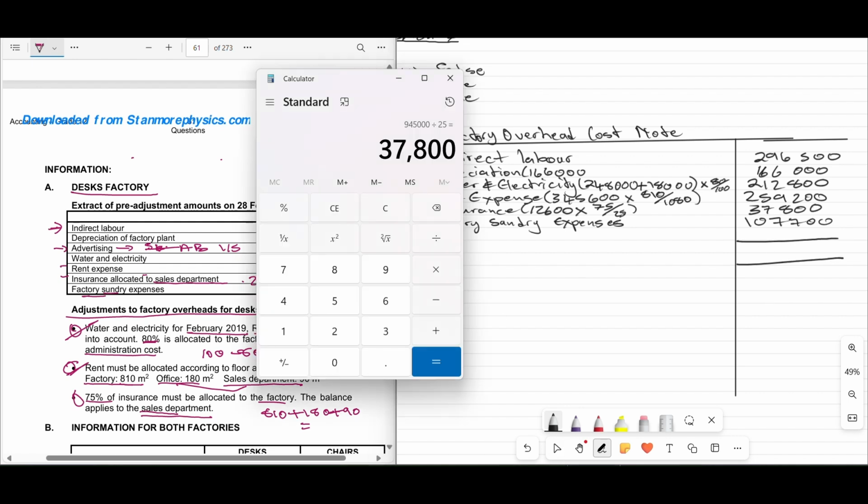Let's go to our calculating machine. 296,500 plus 166,000 plus 212,800 plus 259,200 plus 37,800 plus 107,700.